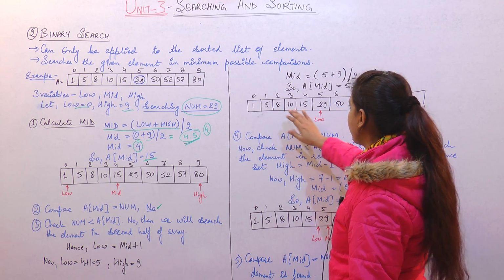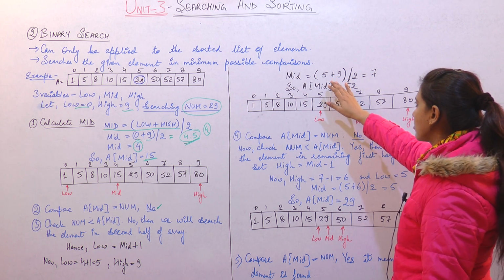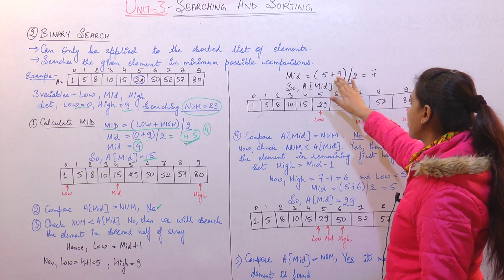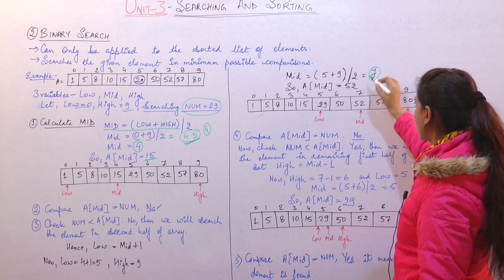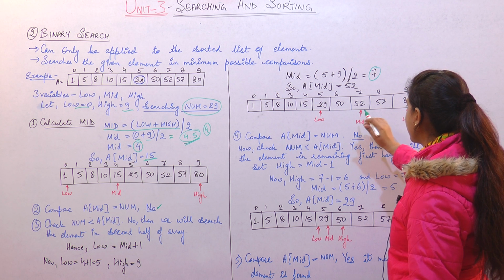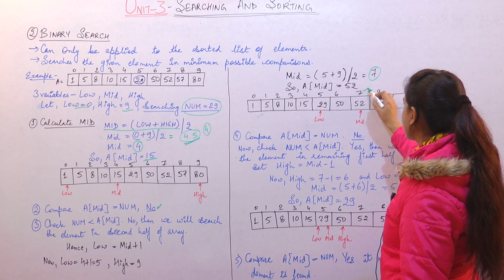Now we calculate the new mid: 5 plus 9 divided by 2 gives 7.